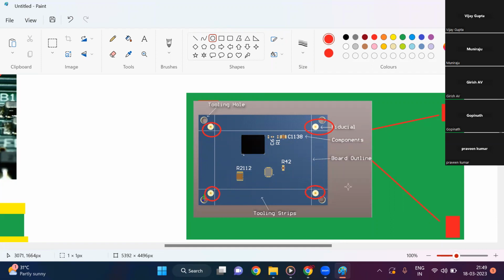Okay. This is the point, the fiducial. So what will they do? They will map exactly with their machines, and then they will place these components. What is the importance of it? I'll tell you. For one PCB, at least a minimum of three are required.